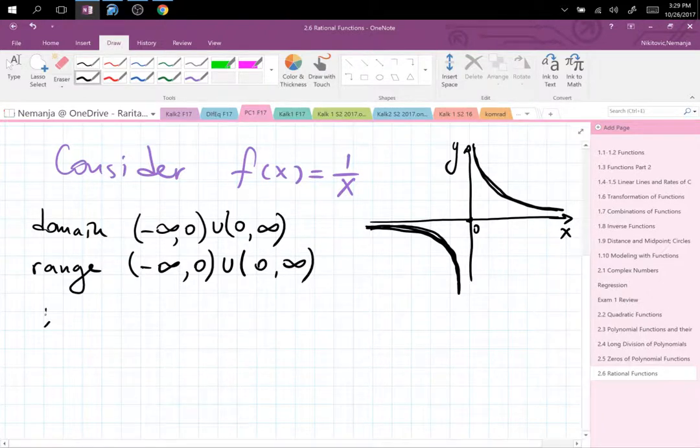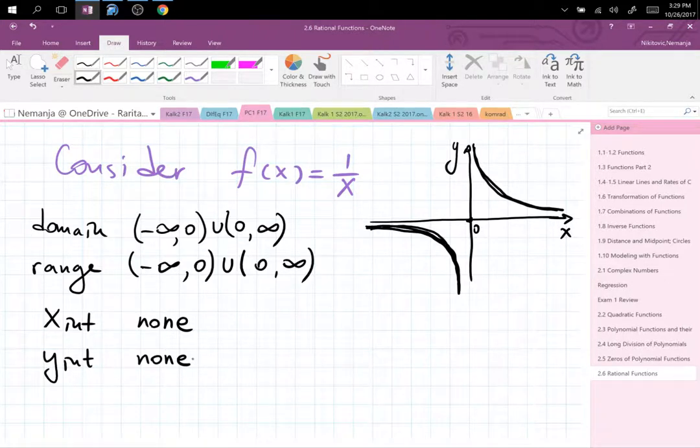How about x-intercepts? None. A y-intercept? None. So we see that the function never cuts through the x-axis to create an x-intercept, and the function never cuts through the y-axis to create a y-intercept.